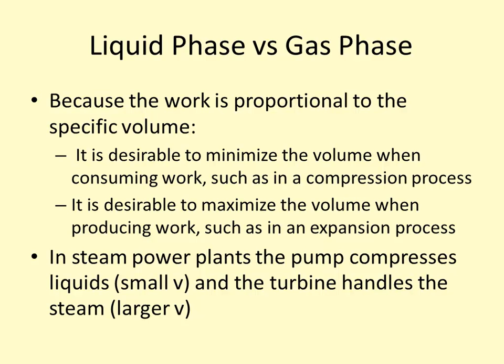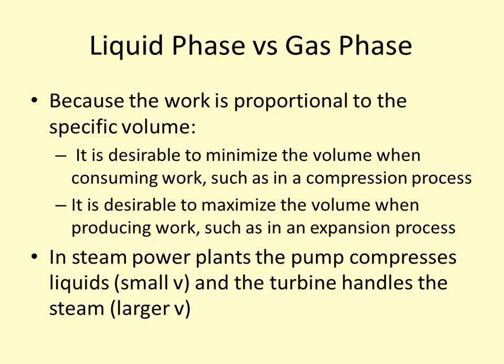Okay, so when we're pumping a liquid, that means we have a minimal work input, because if this is proportional to v times P2 minus P1, we minimize our specific volume by pumping a liquid rather than trying to pump something in the steam form or in a gaseous form, and so we minimize the amount of work we have to do here. Similarly, with the turbine, v times P2 minus P1, we're maximizing our specific volume because we have evaporated the liquid after it comes out of the pump.